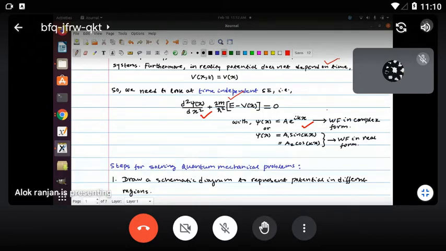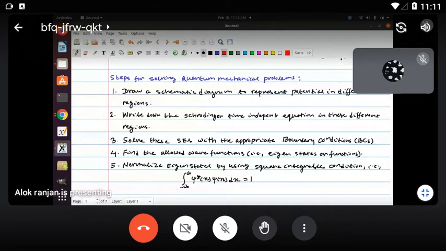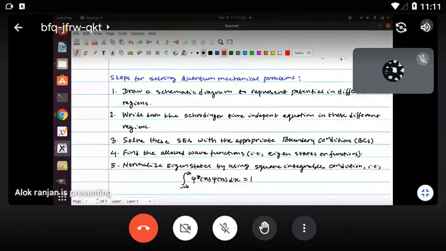So we should begin with this time-independent Schrodinger equation. But the question here is how we'll solve it. Here are some important steps one should keep in mind while solving quantum mechanical problems, any problems related to quantum particles or quantum systems. So what are these steps? I have listed them down here.